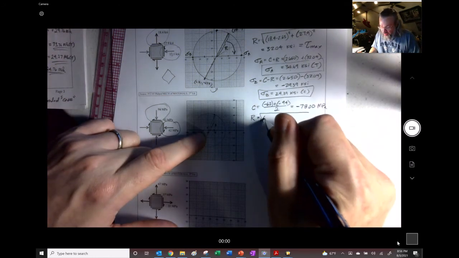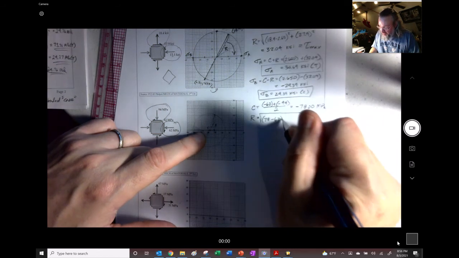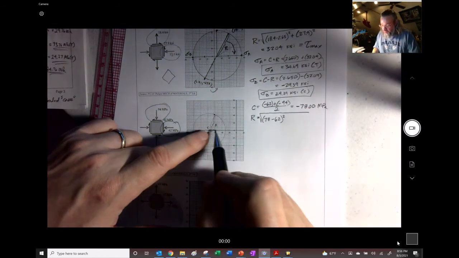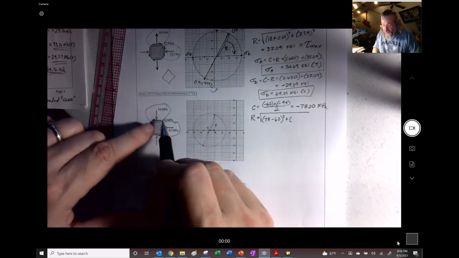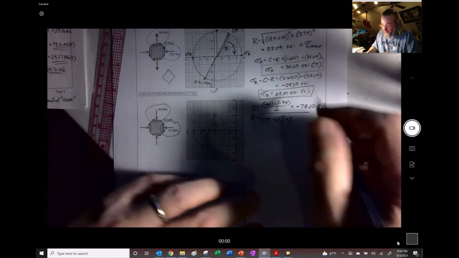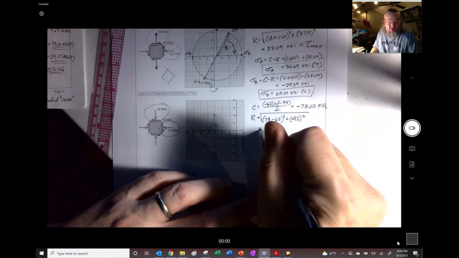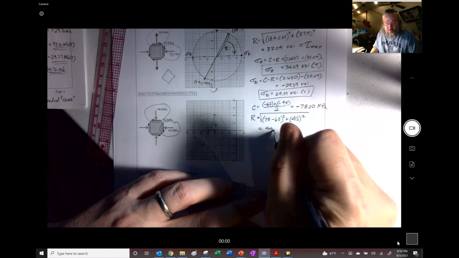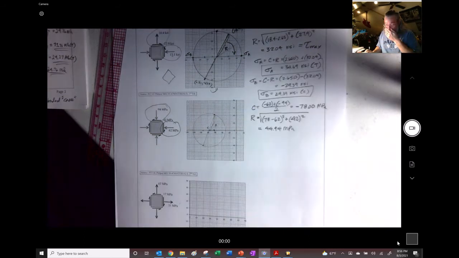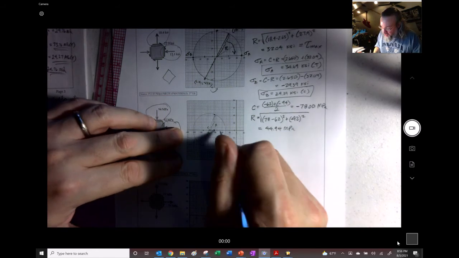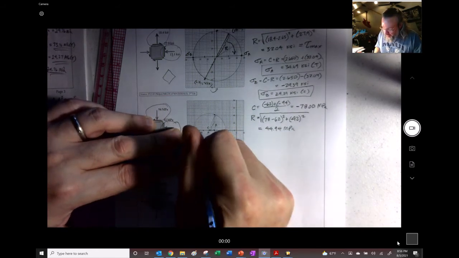So I'll say 78, and I'll leave off the zeros, minus 62 squared, plus the vertical leg, which is just the 42. 42 squared, and I should get 44.94 megapascals.